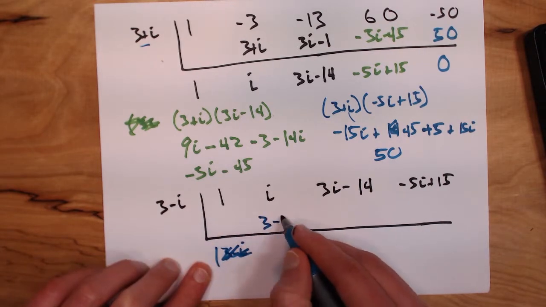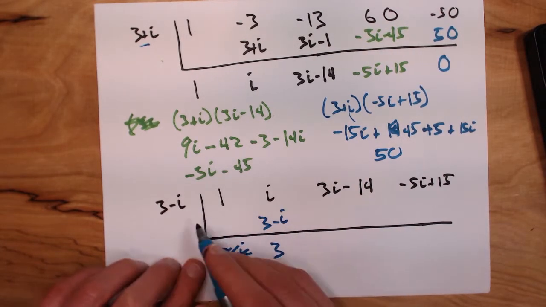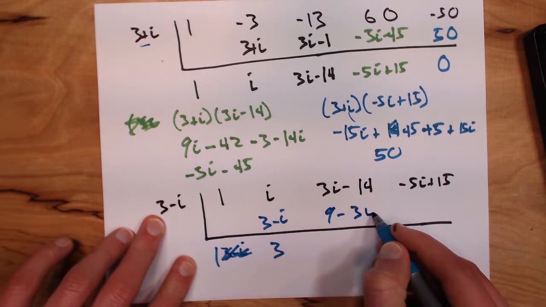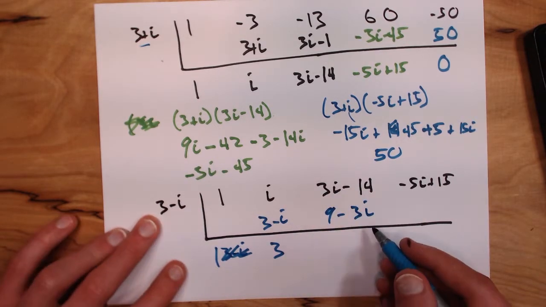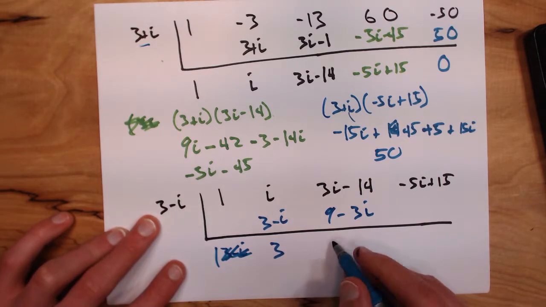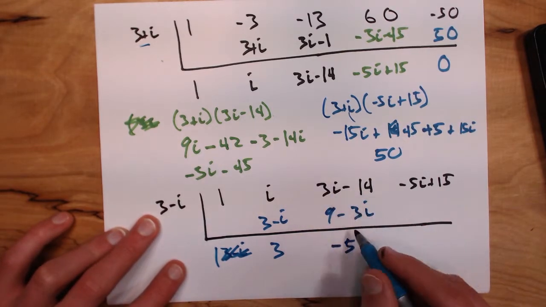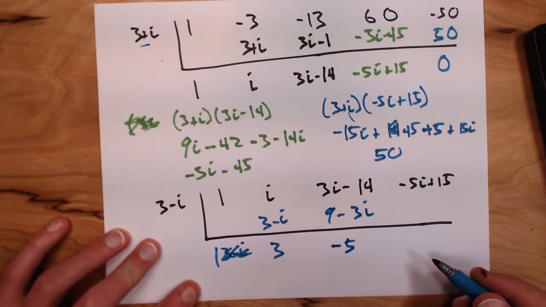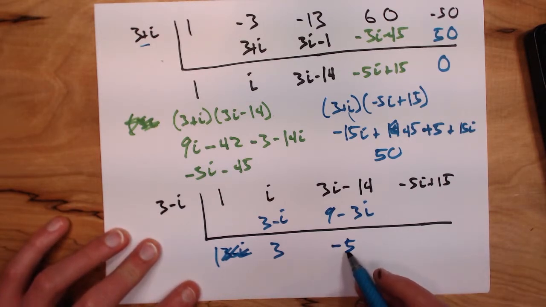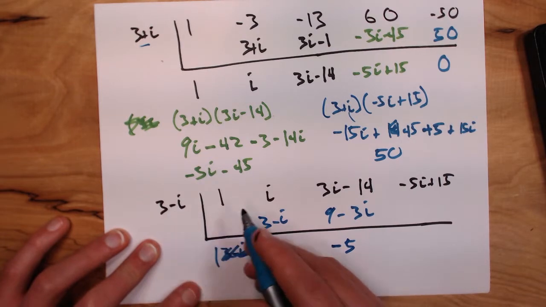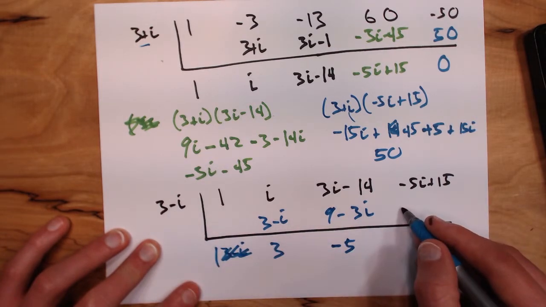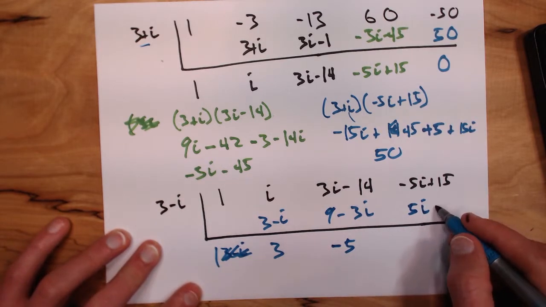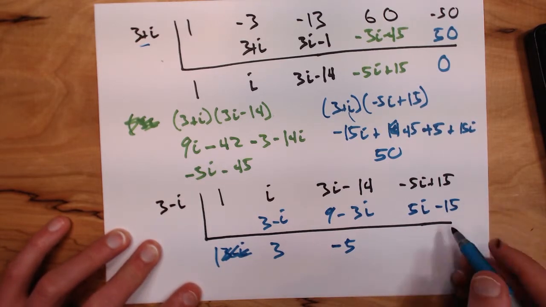Now 3 minus i times 1 is 3. 9 minus 3i. Ooh, those cancel. That's nice. I think we get minus 5 here because those go away, and minus 14 plus 9. Hopefully this will all work out. Minus 5 times i is plus 5i. Excellent. And this is minus 15. Boom. There you go. Math.